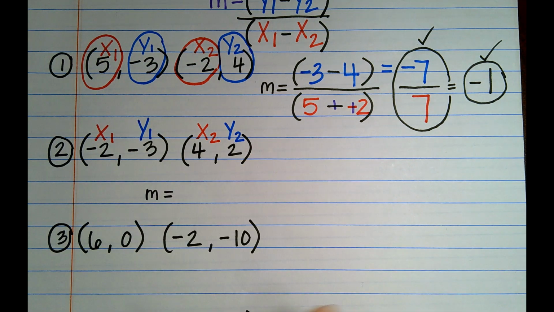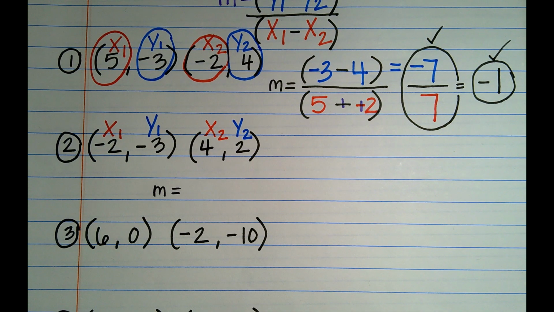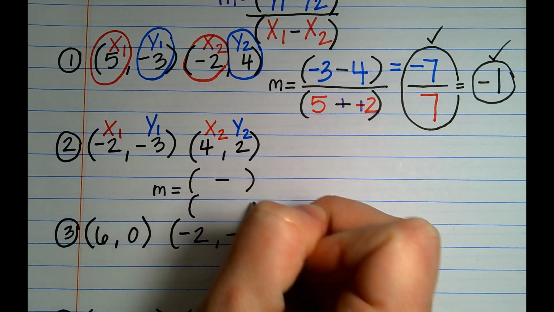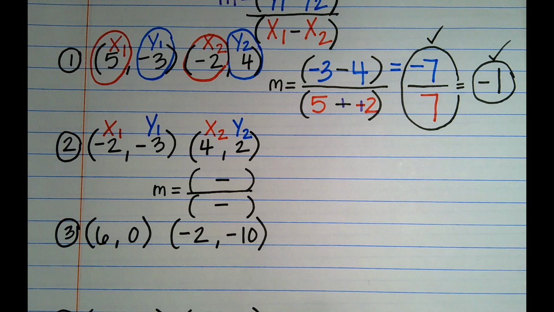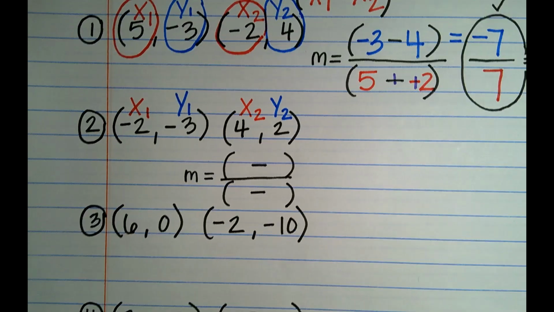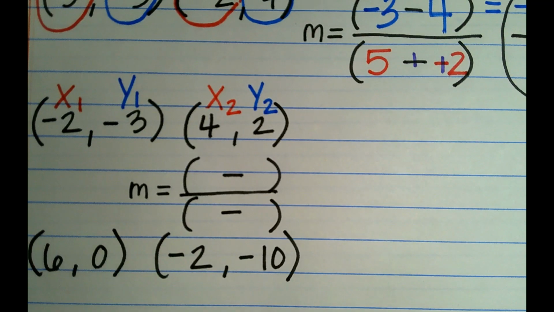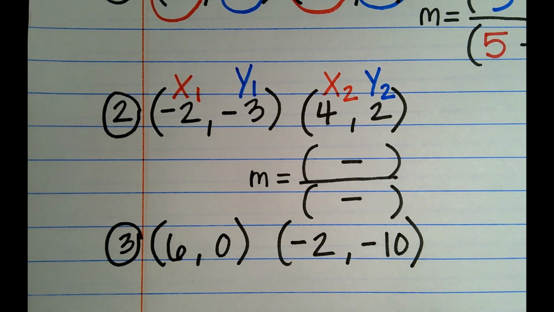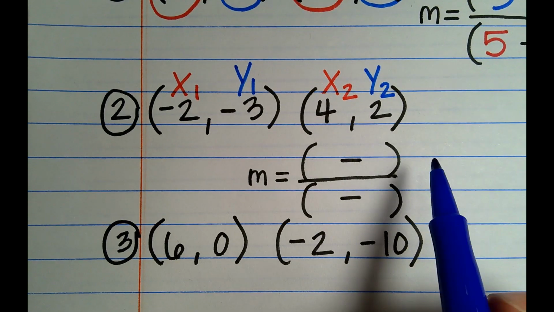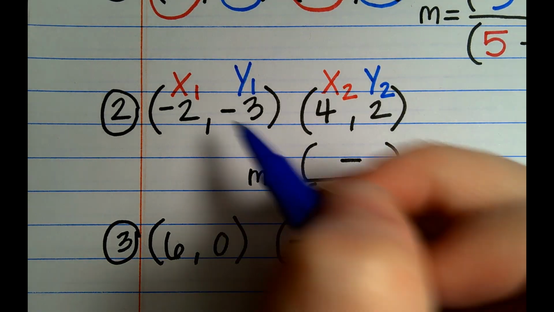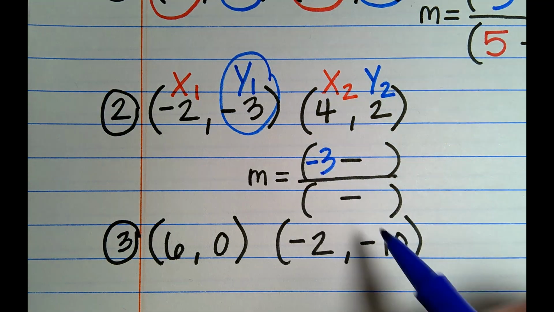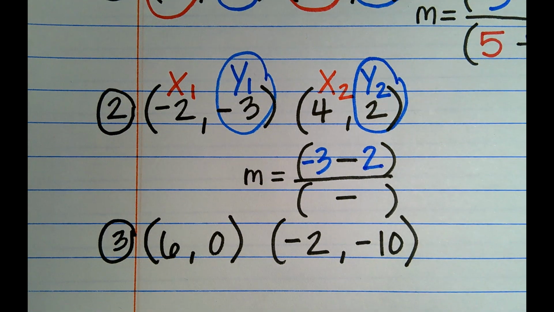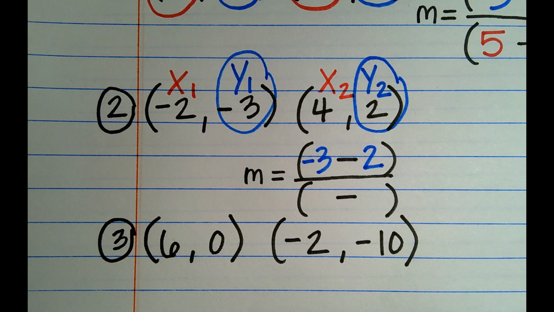M equals, I'll start this one further over, give myself more room. That's really tiny, I'm going to zoom in on that. So what goes first? My y's. So what numbers? -3 minus 2. Good. So y1 minus y2.